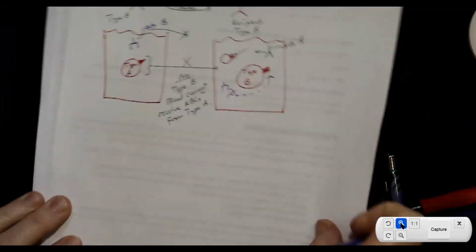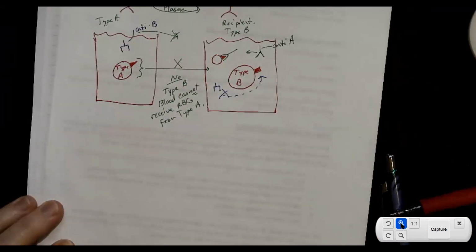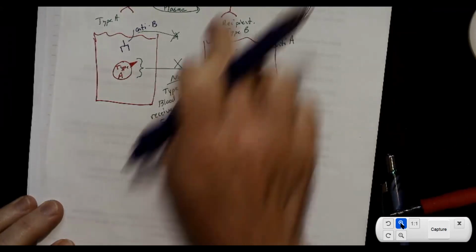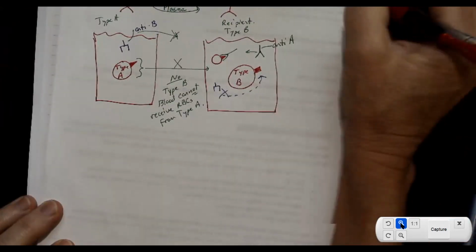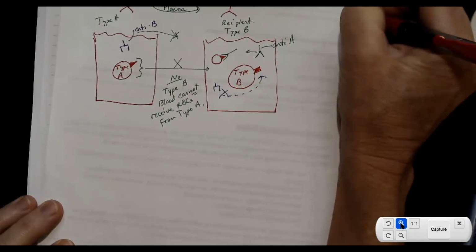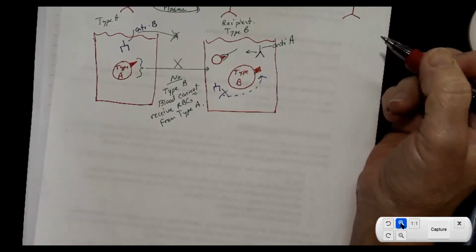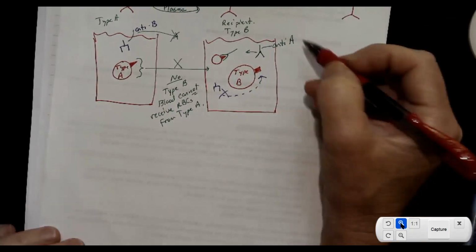So this person has been in a wreck. They need somebody's blood, all right? They need somebody's red blood cells. So if we have another person here and says, hey, can I give some blood? Well, I don't know. Let's look at the antigen on your red blood cells.